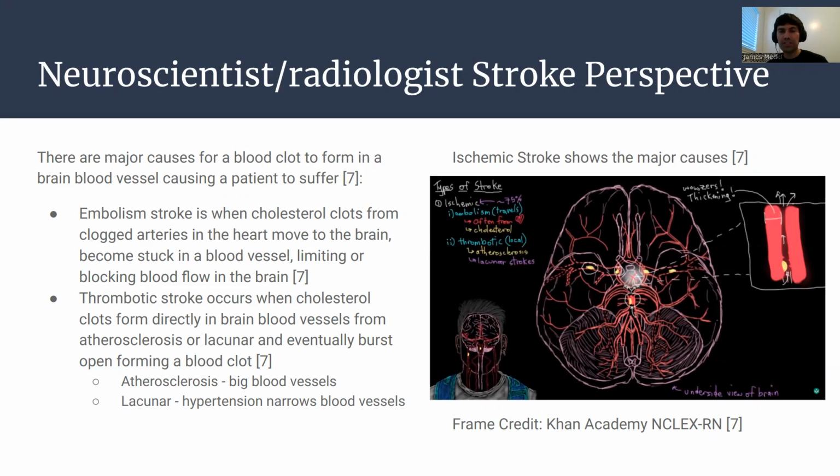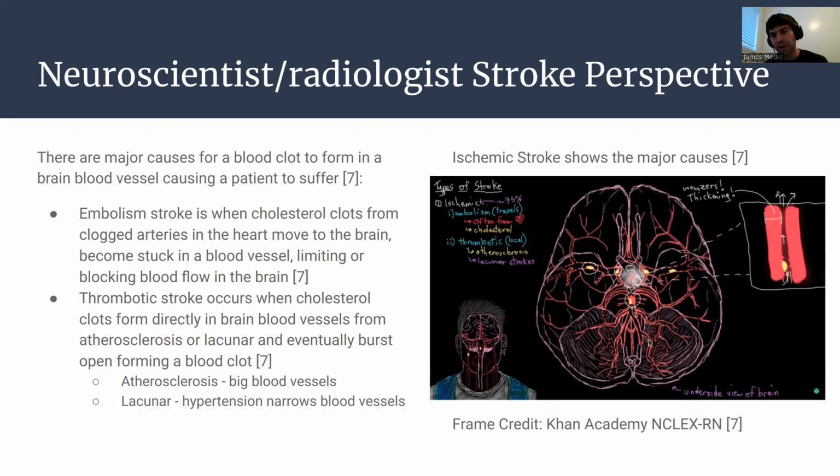And so these cholesterol plaques form, and then they break off from the blood vessel in the heart, and they travel up to the brain, and they get stuck in one of these arteries, the basilar, the middle cerebral artery, the internal artery. And once they get stuck, what can happen too is that this cholesterol plaque actually bursts open, causing a blood clot, causing lack of blood flow to the brain.